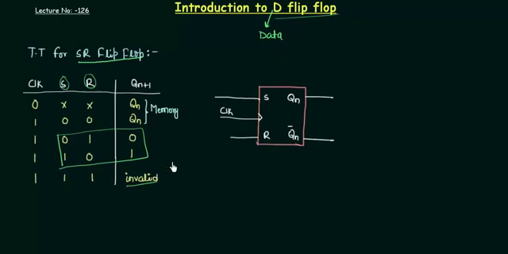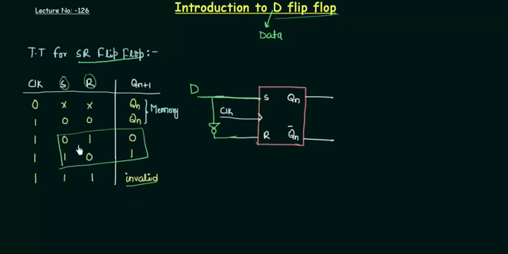So what we have to do to convert this SR flip-flop to D flip-flop is to extend this input. I will take this input, use an inverter, and give the output of the inverter to R, and this input I will call D. So now you can see that when D is 0, it means when S is 0, I will have R as 1.